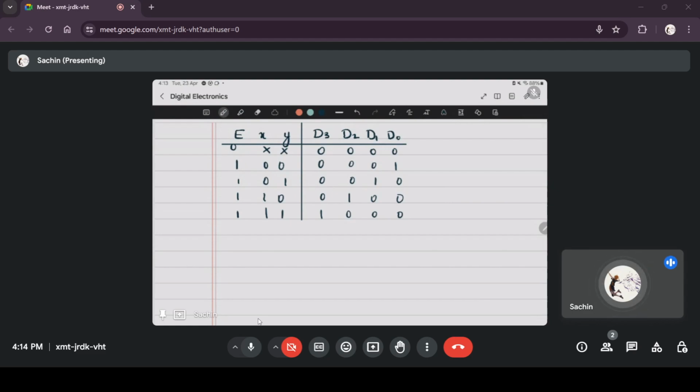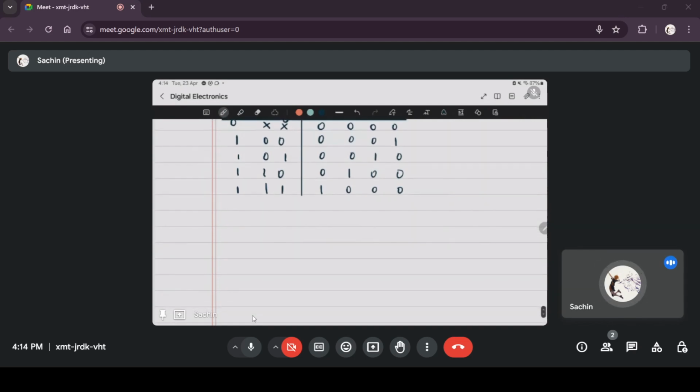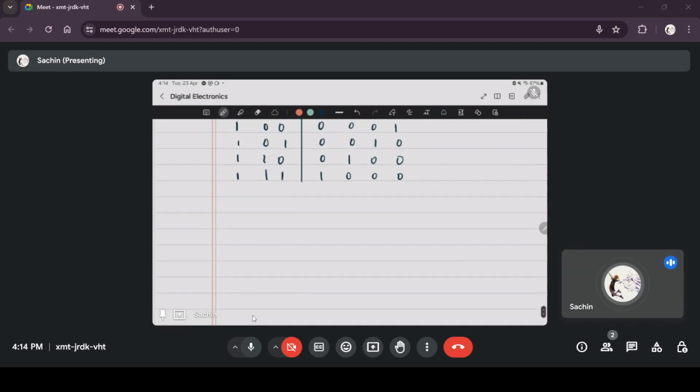Now you can use a K-map to simplify the output Boolean expressions for D3, D2, D1, D0. But here you can observe that each of them is only on for one input combination, so you don't need a K-map.